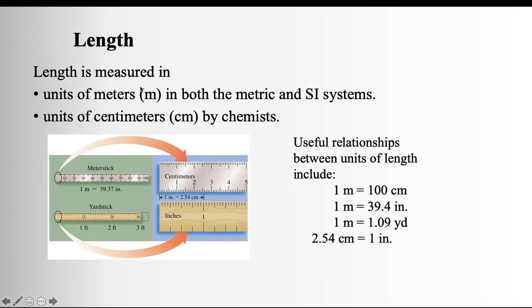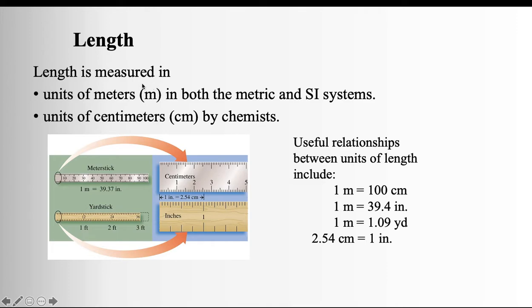The length is a measure of distance. So we measure it in units of meters for both the metric and the SI systems. Now, a meter is quite a large unit. It's about a yard, just a little larger.